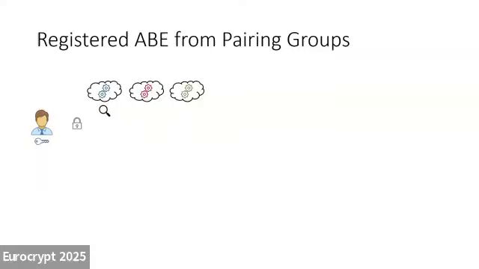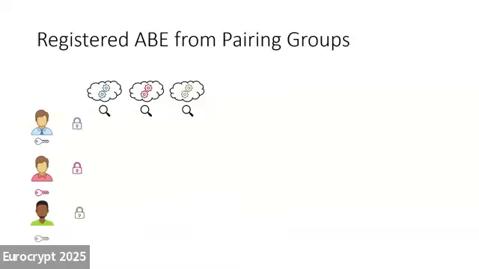Now, moving on to registered ABE. At a high level, what happens in a registered ABE scheme is that you have several copies of an ABE scheme in the ciphertext. When users come along, they can look at one of these schemes and derive an ABE public key from one of these schemes in the ciphertext.